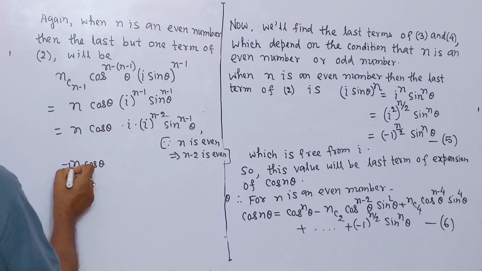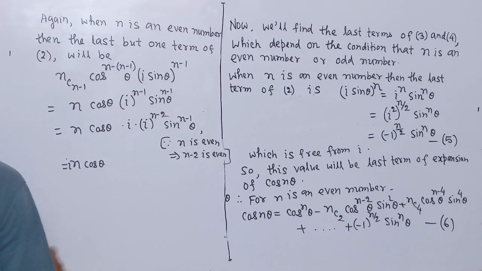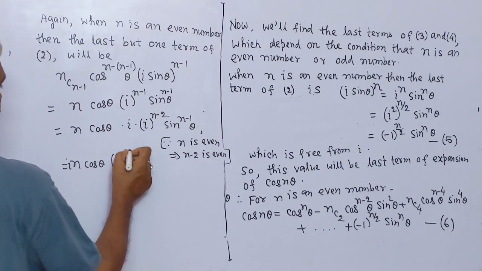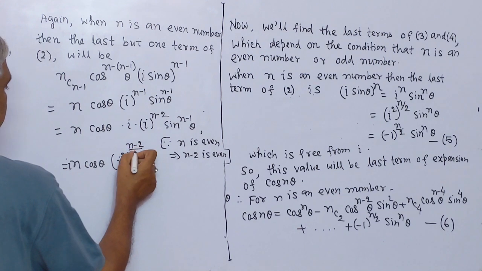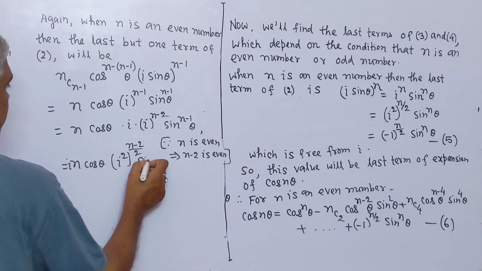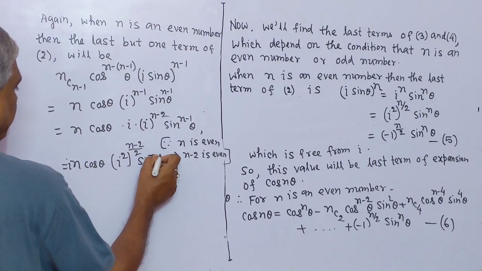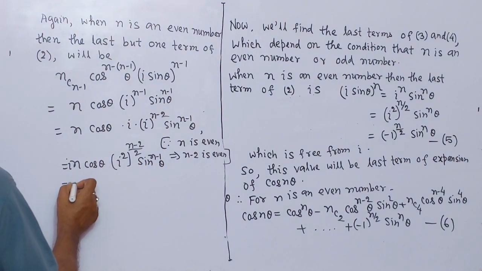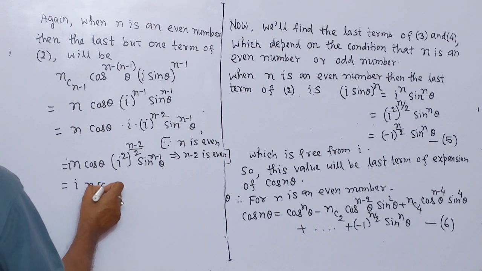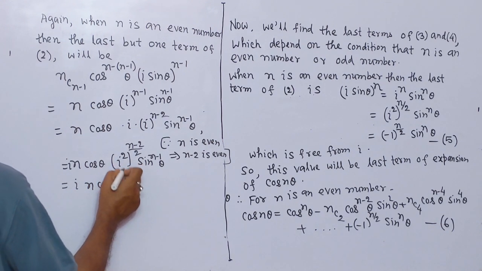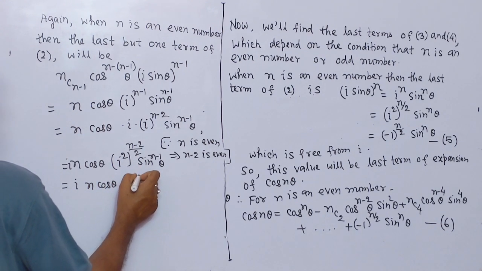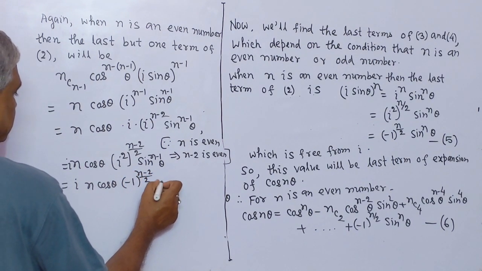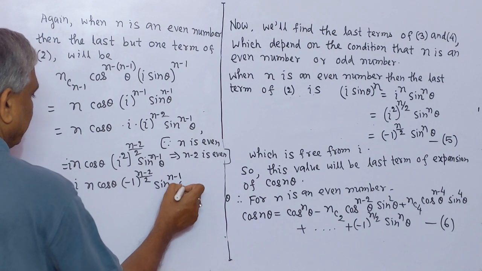Here we write i, and this will be (i square) to the power n minus 2 by 2 sin to the power n minus 1 theta, and this will be equal to i n cos theta, minus 1 to the power n minus 2 by 2 sin to the power n minus 1 theta.